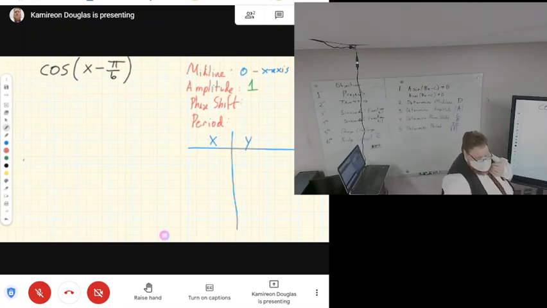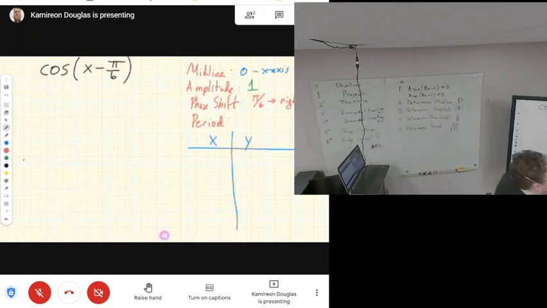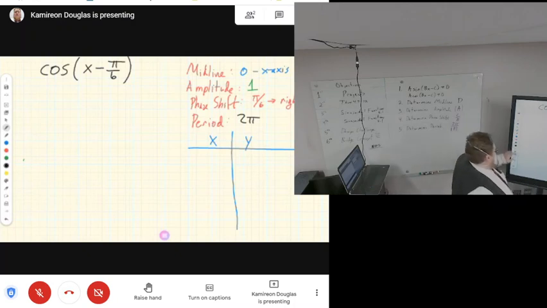Phase shift, pi over 6, which means to the right. Pi over 6 is a positive value. And the period? 2 pi. All right, 2 pi after the pi over 6. Yep. All right, let's start this off.